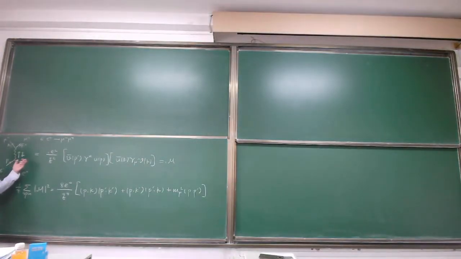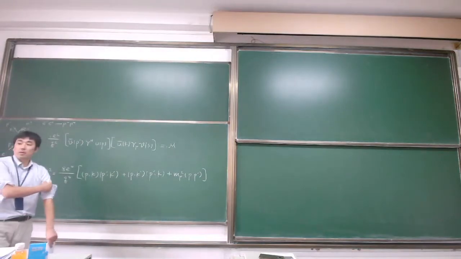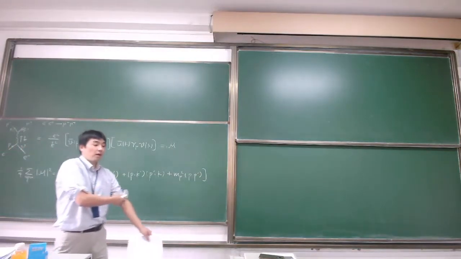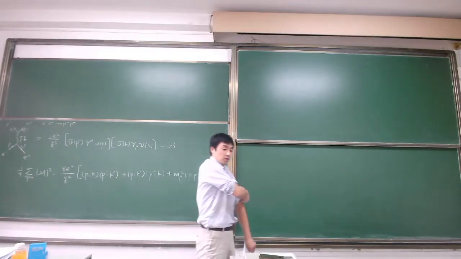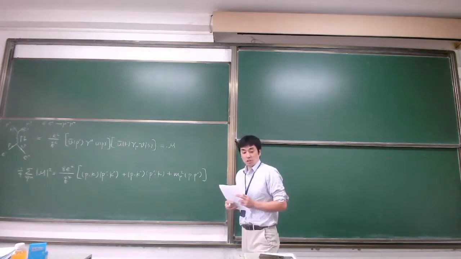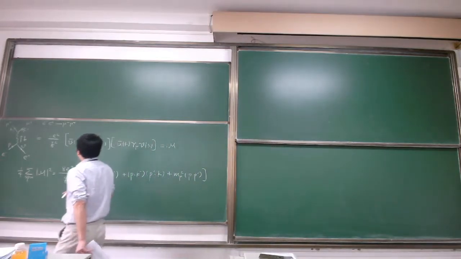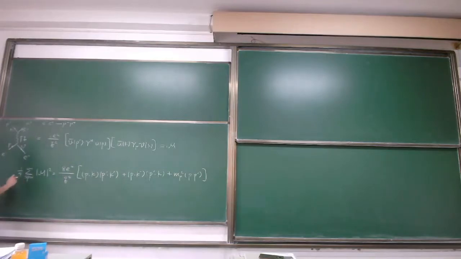By using the Feynman rules, just applying them to the diagram, we obtained this one. If you forget about it, you can just watch the previous lectures. And then we just do that.